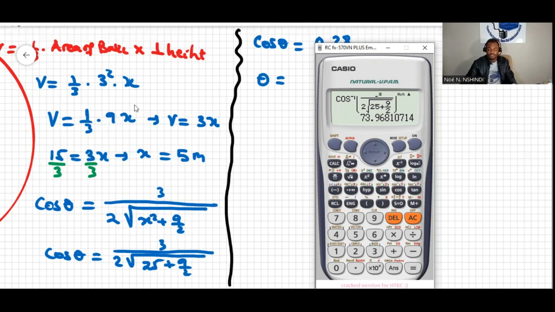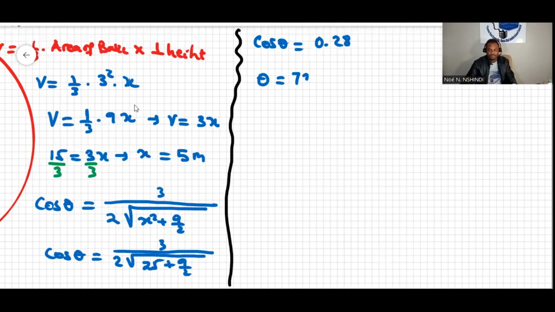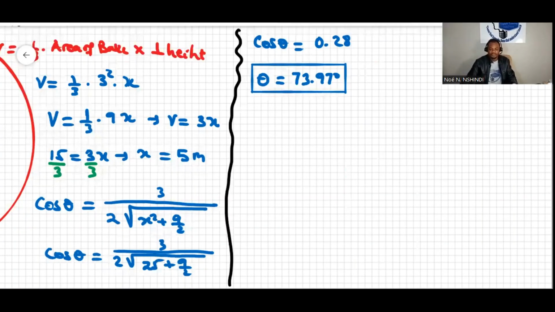So theta will be equal to 73.97 degrees. So that's the value of theta. Thank you.